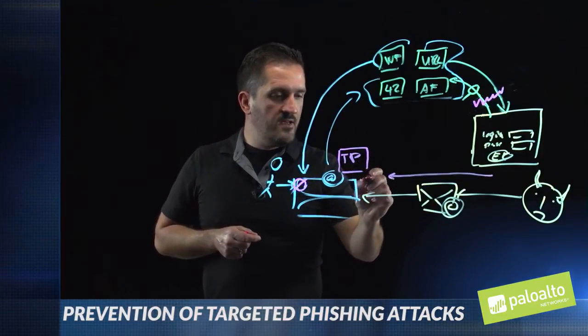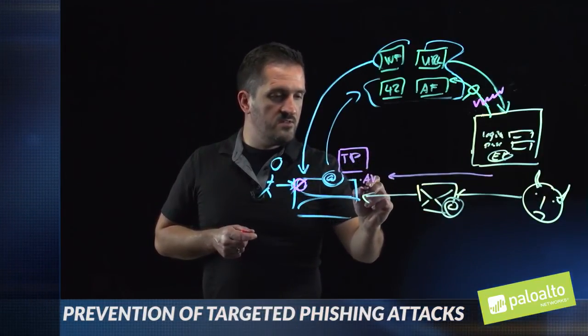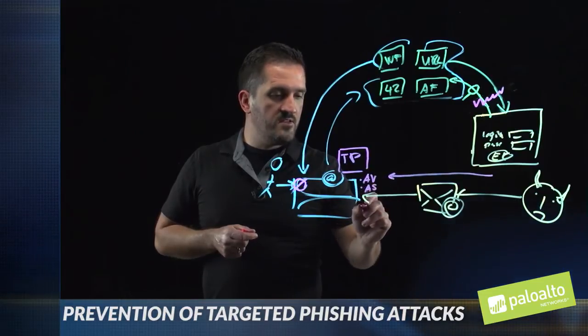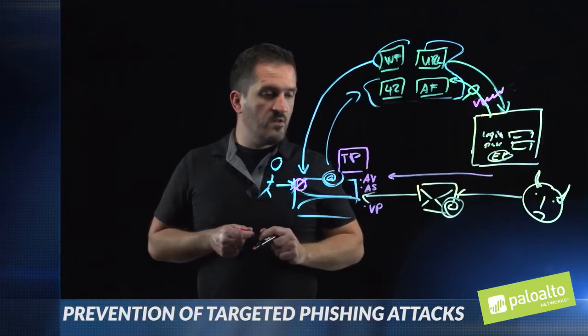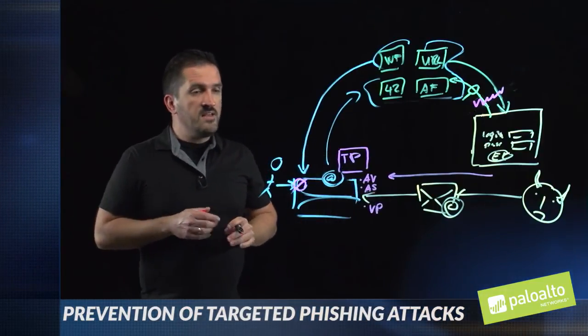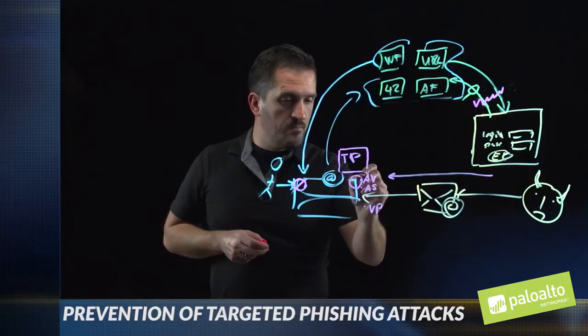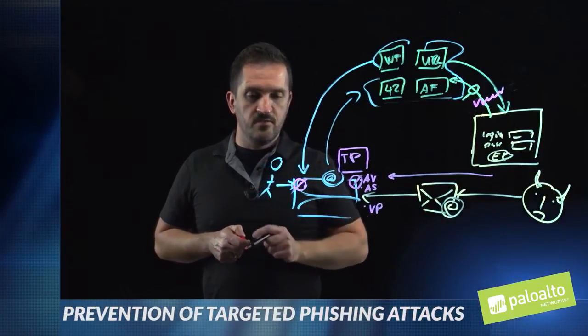We identify viruses using our antivirus signatures, spyware using our anti-spyware signatures, or any other kind of vulnerability that we can address through our vulnerability prevention, and still block this malicious payload from being delivered to this user.